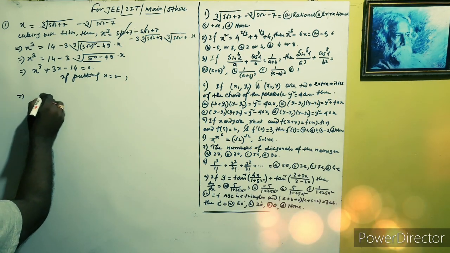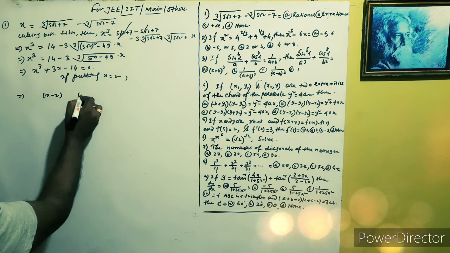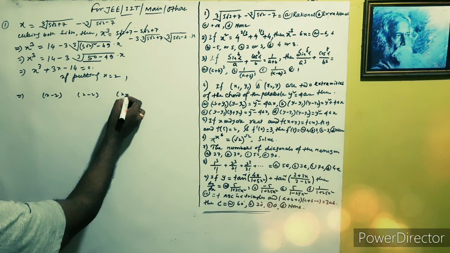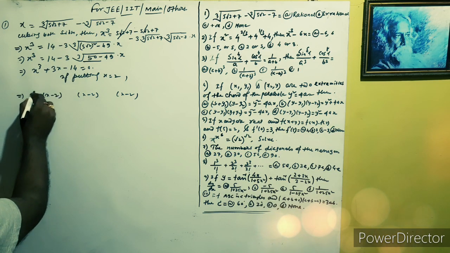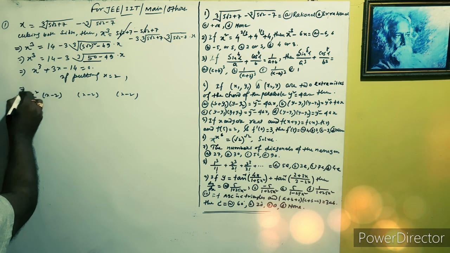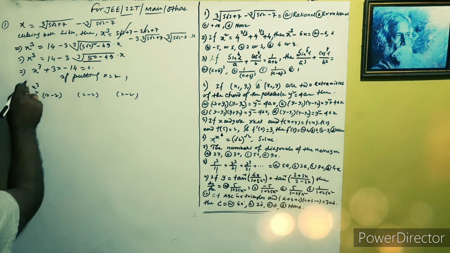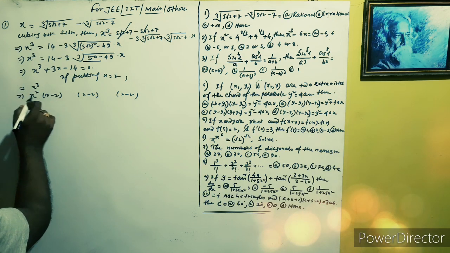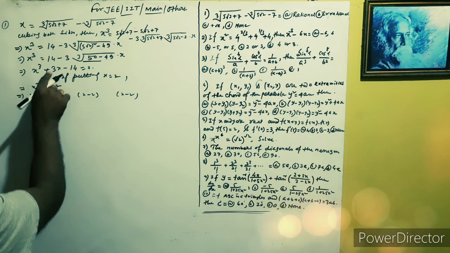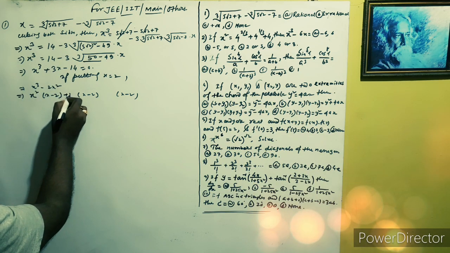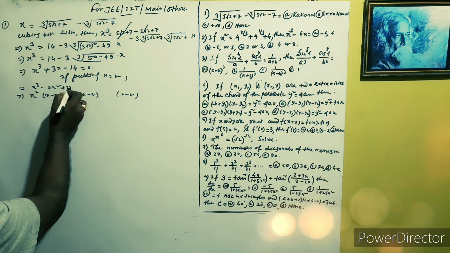But we need to solve for the other roots. Here x minus 2 is a factor. So dividing, x square times x gives x cube. Multiplying, we get minus 2x square, but that is absent, so we need 2x square more.